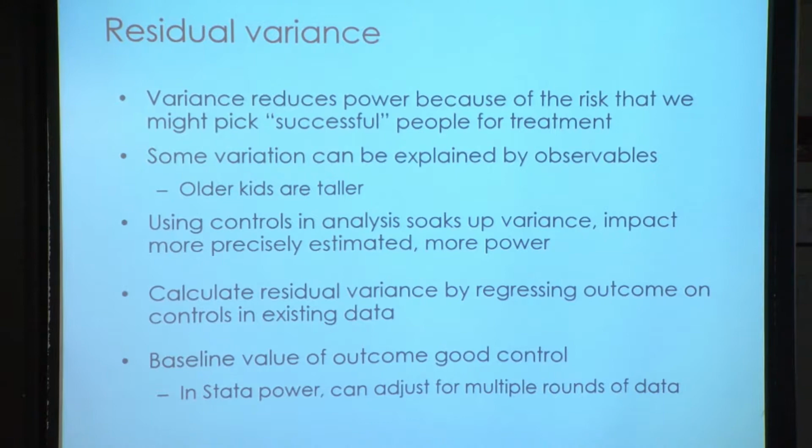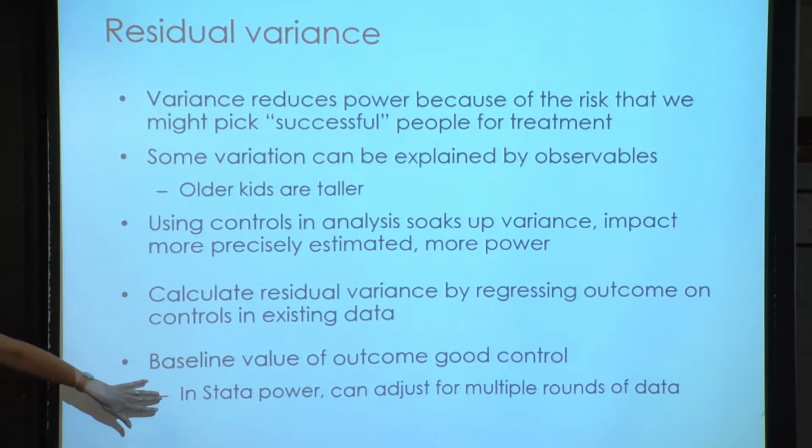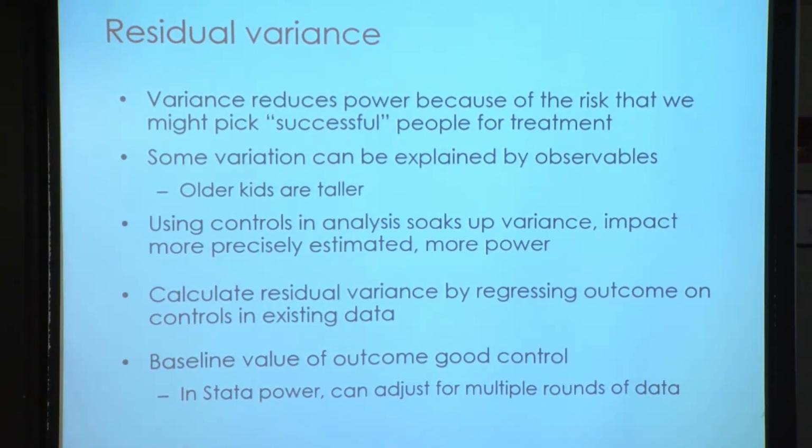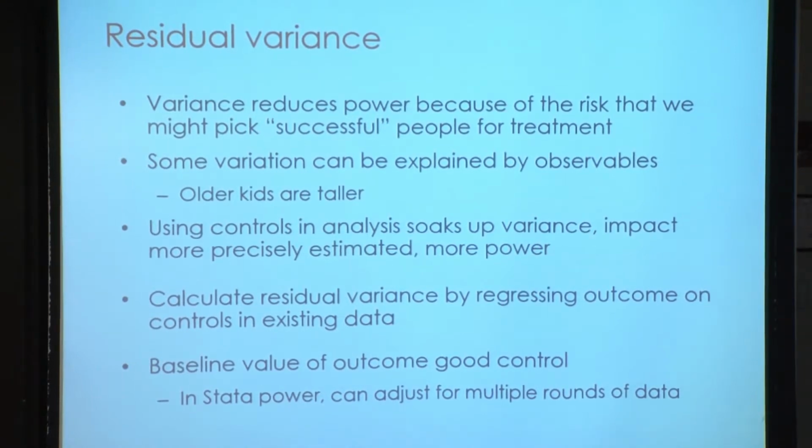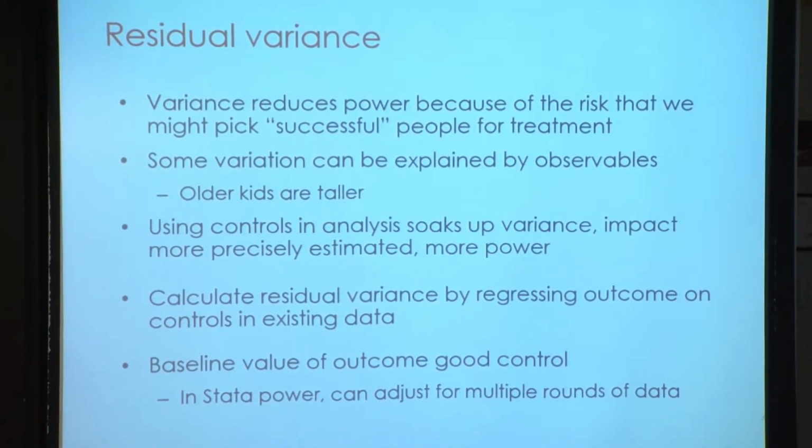And then it prompts you for another question, which is, what's the correlation over time between these variables? So if putting in a baseline is going to soak up variation, it needs to know how much it's soaking up. So it's going to ask you, if you put in baseline data, how much that then explains the next round of data.